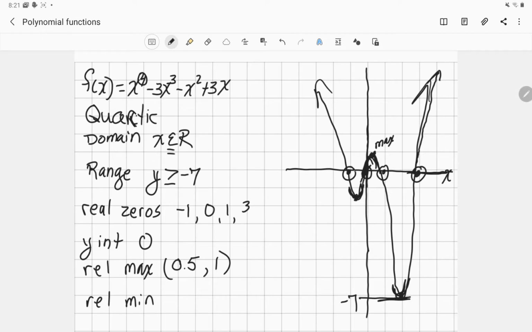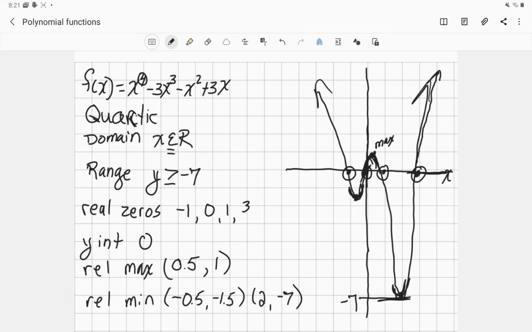This appears to be back half a square and down 1.5 squares. The other one is here, which is over 2 squares and down 7. So 2 and -7. Those are your relative maximums and relative minimums.